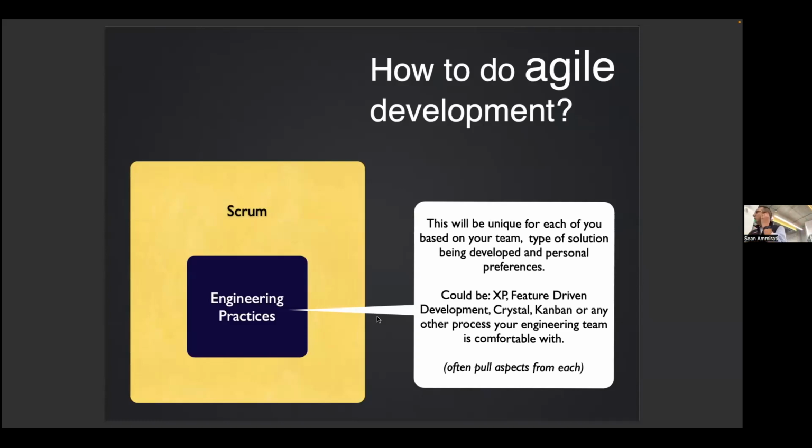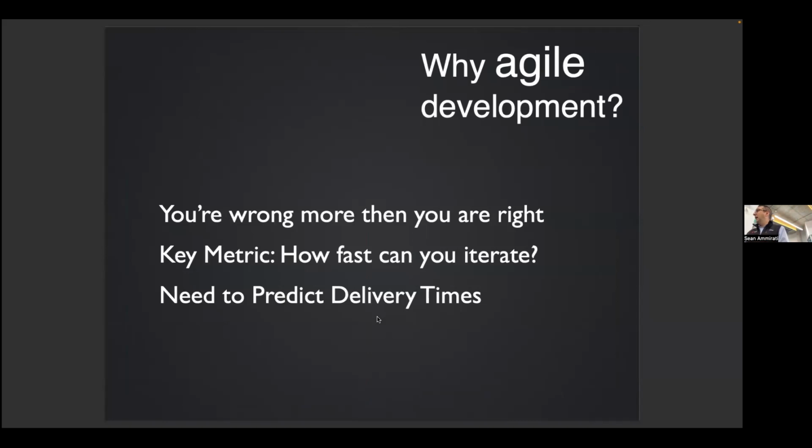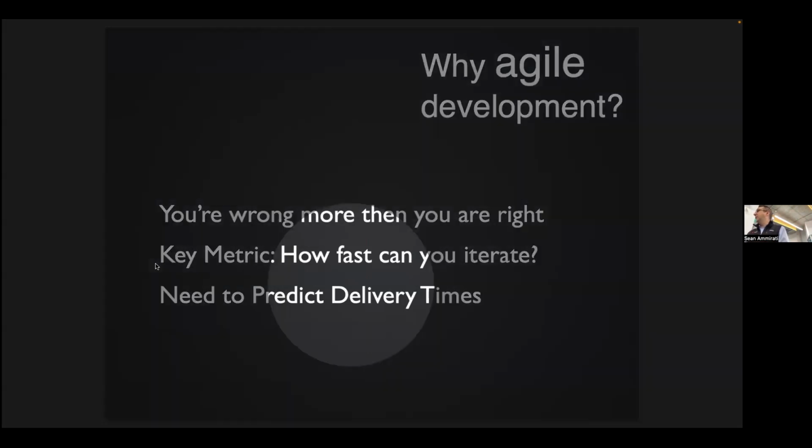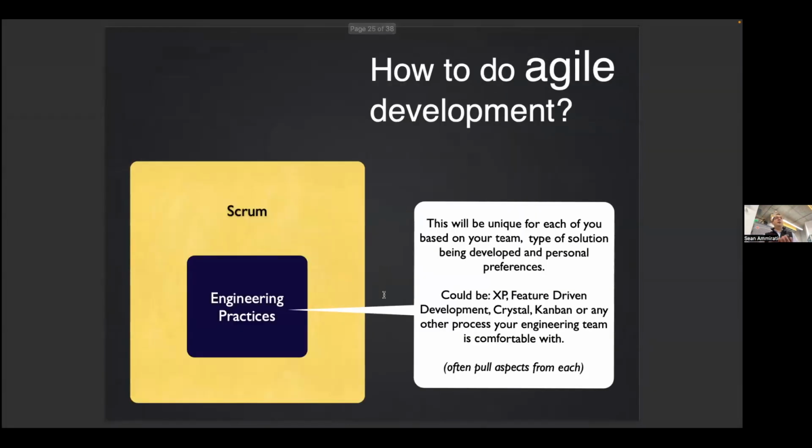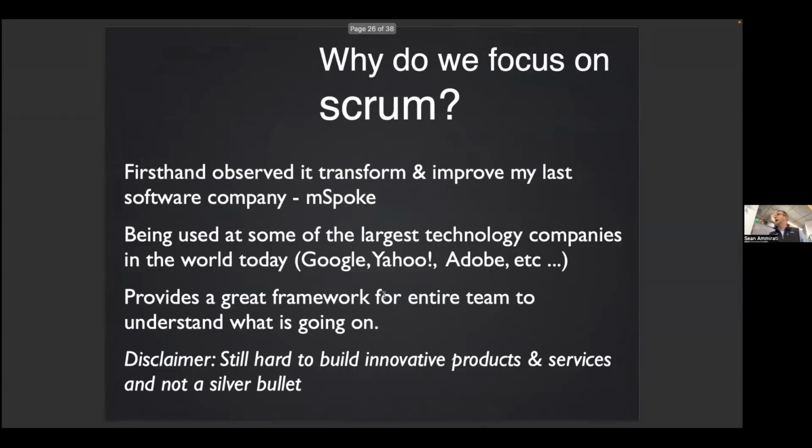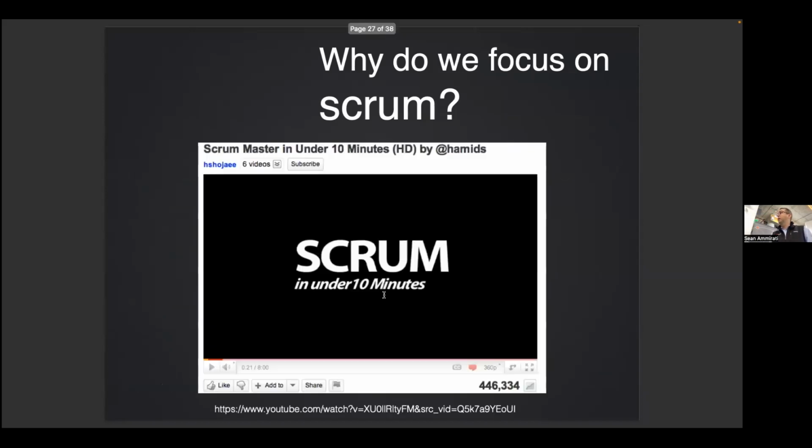In order to predict those delivery times, you need some kind of wrapper around your Agile process, and that's where I think Scrum becomes particularly helpful. I've used this at a lot of my startups, and lots of other tech companies use it. There is no perfect way to do it. It will not necessarily make it easy, but it will make it easier. That's my general theme for all the text up on the slide here.